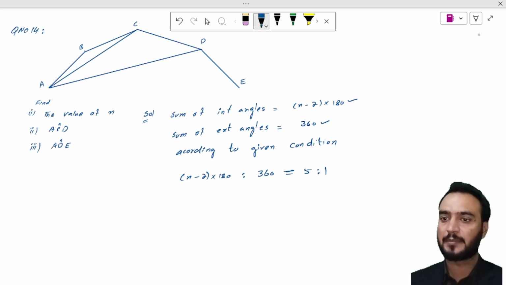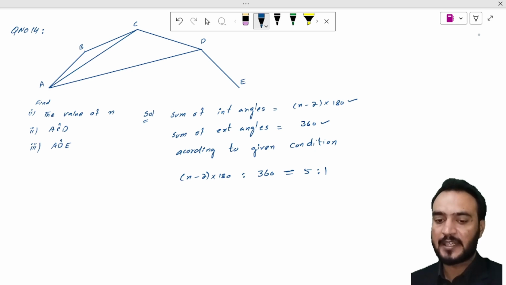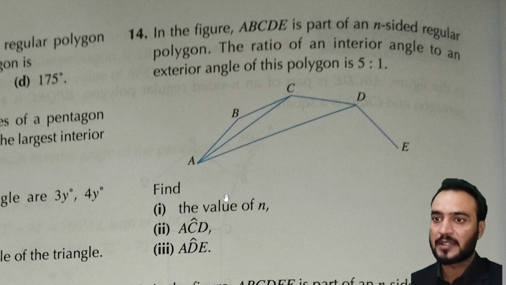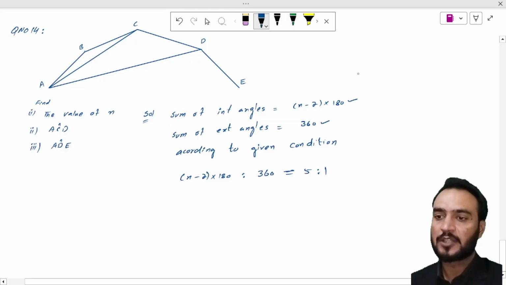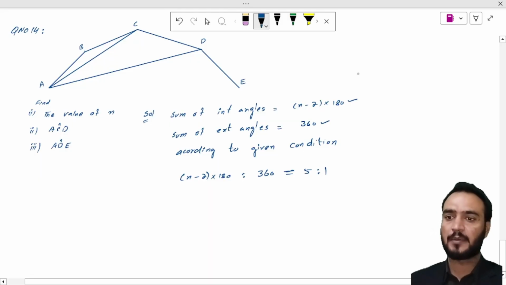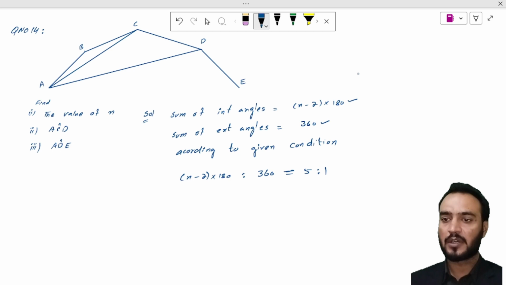We do not know exactly the interior angle or exterior angle, so we put the sum of interior angles ratio the sum of exterior angles, which is 360, equals to 5:1.